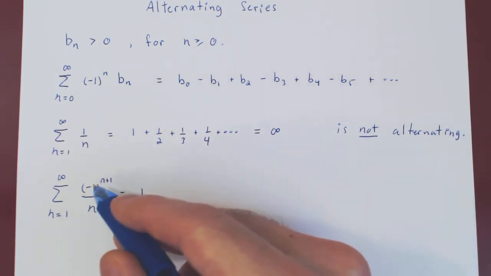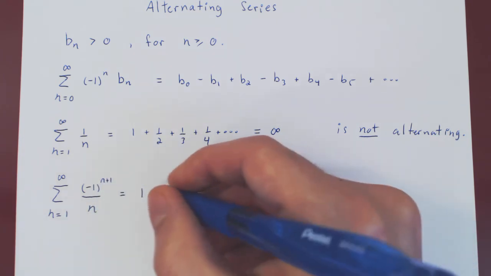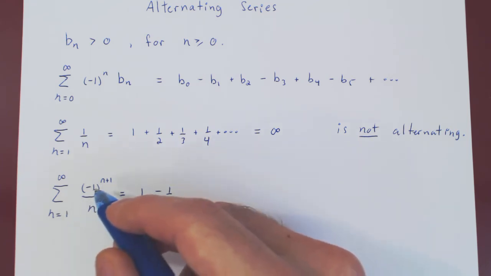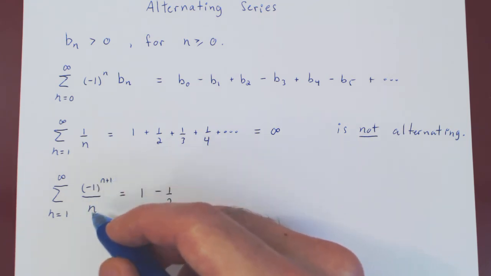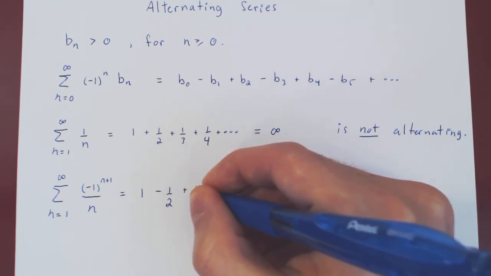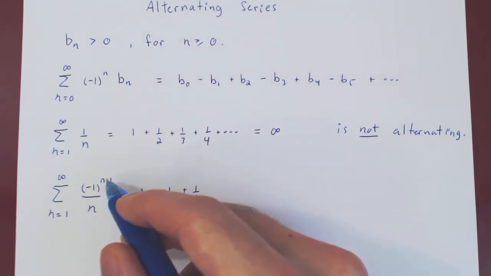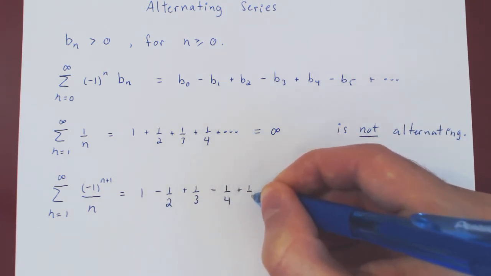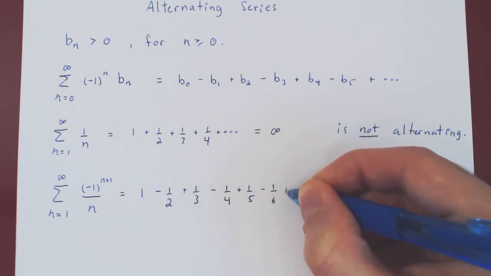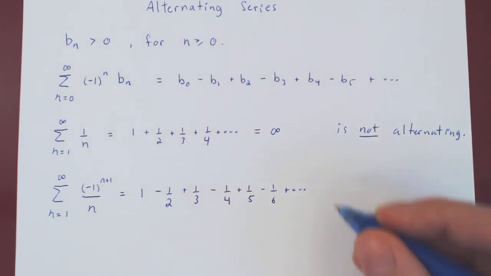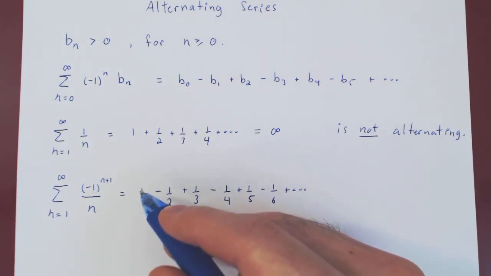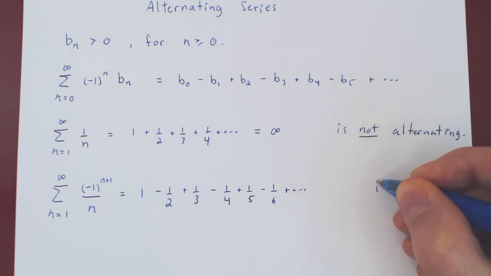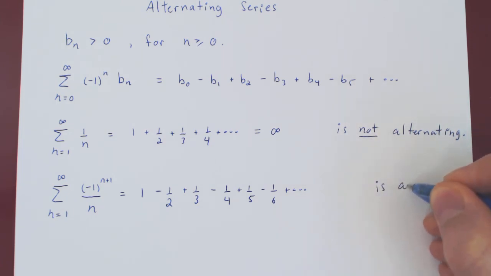Then when n is 2, 2 plus 1 is 3, so negative 1 cubed is negative 1 over 2. Then when n is 3, negative 1 to the 4 is 1 over 3, so plus 1 over 3. And you see that the negative 1 to the n plus 1 will create the alternation. Minus 1/4, plus 1/5, minus 1/6, plus dot dot dot. So this series is clearly alternating. Positive, negative, positive, negative, positive, negative forever. So this is an alternating series.